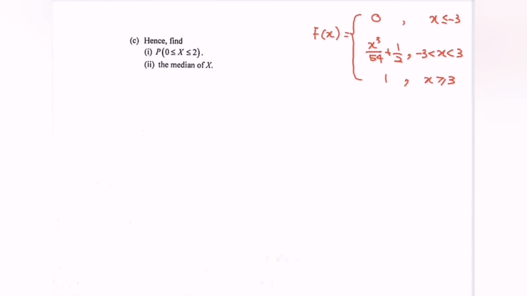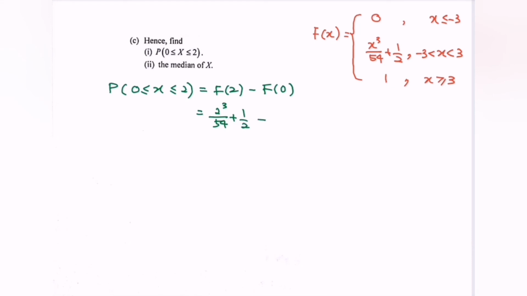Kindly refer to C. The question asks us to find the probability that x is greater than or equal to 0 and less than or equal to 2. So here, kindly make use of the CDF where we have F(2) minus F(0). Kindly substitute, referring to the second function: 2 to the power of 3 over 54 plus 1 over 2, minus F(0).